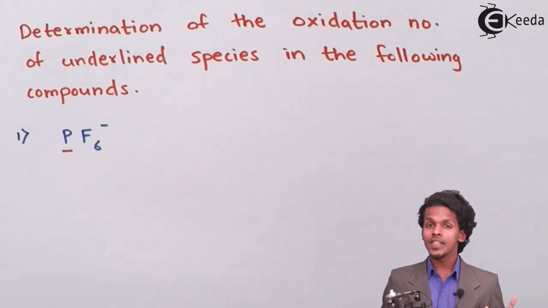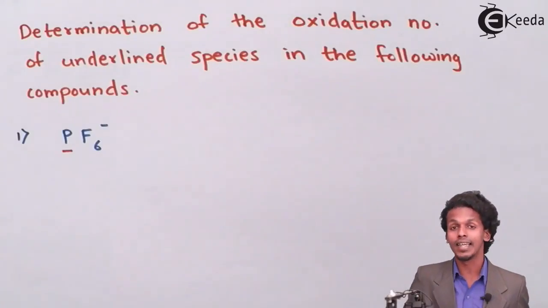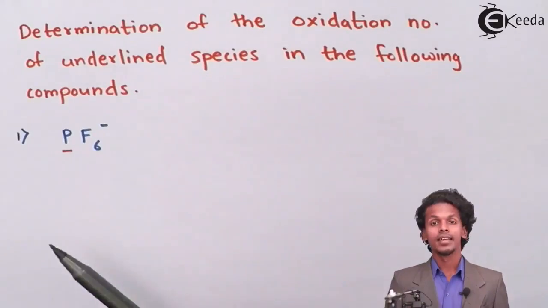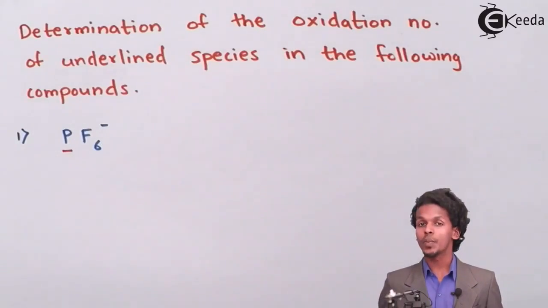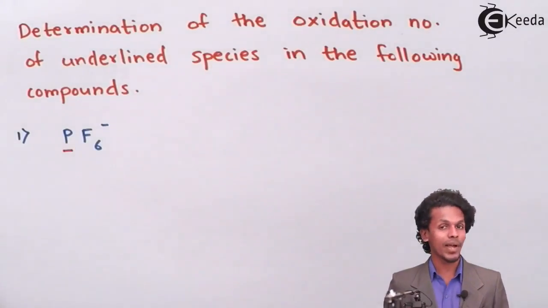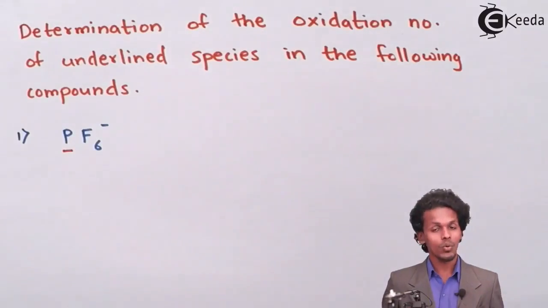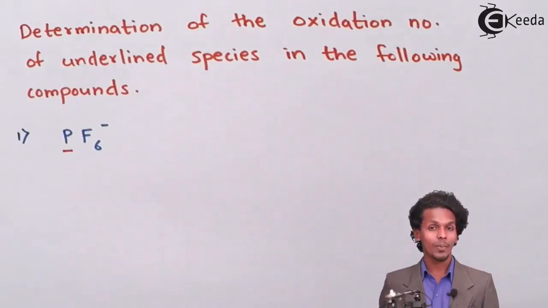So this is the question which is based on determination of the oxidation number of an underlined species element. In this case it is PF6 minus, which means the overall charge present on this molecule is minus. We know that the oxidation number of fluorine is 1 minus.